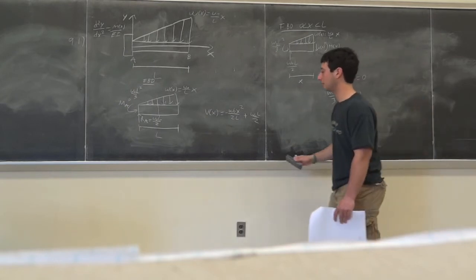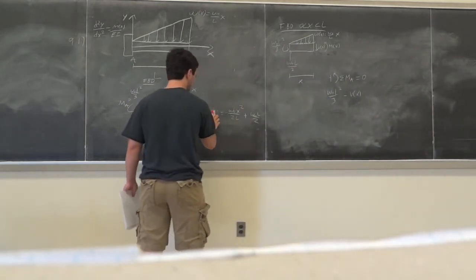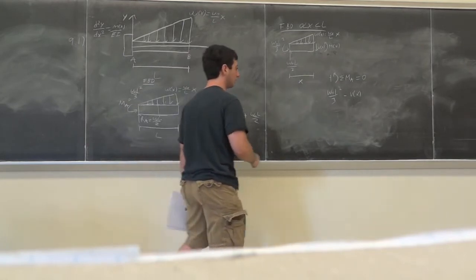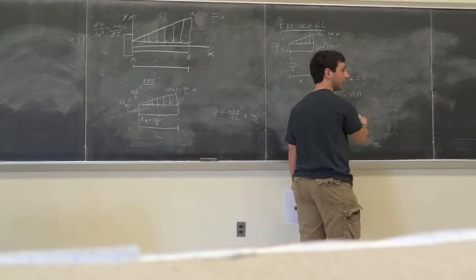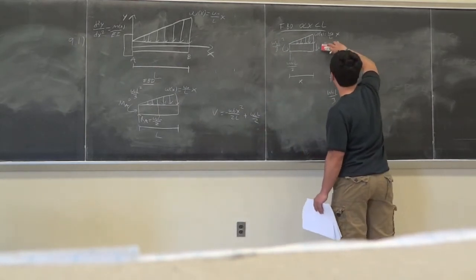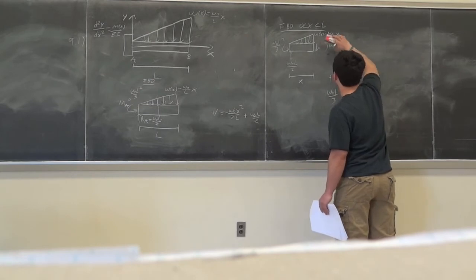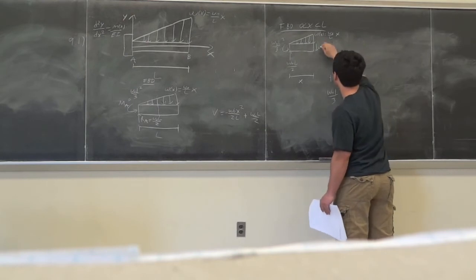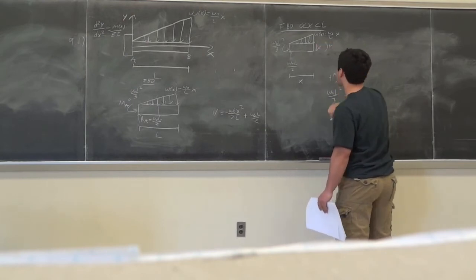Let's just call it V instead of Vx. It depends on X, but let's just call it V, because I'm going to multiply by X, so it'll look weird. Maybe that's why the book does it that way. So let's call this M and V. All right, we know it depends on X.